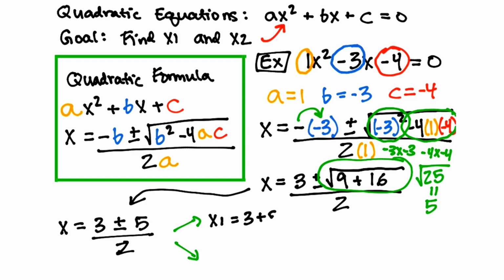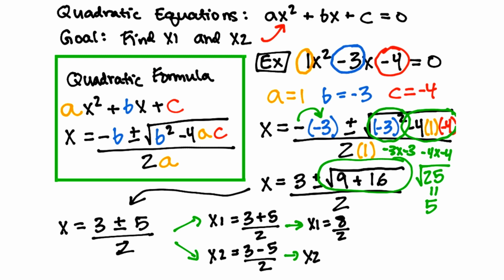The first solution is 3 plus 5 divided by 2, and the second solution is 3 minus 5 divided by 2. The first one is x1 equals 8 divided by 2. The second one is 3 minus 5, which is negative 2, divided by 2.